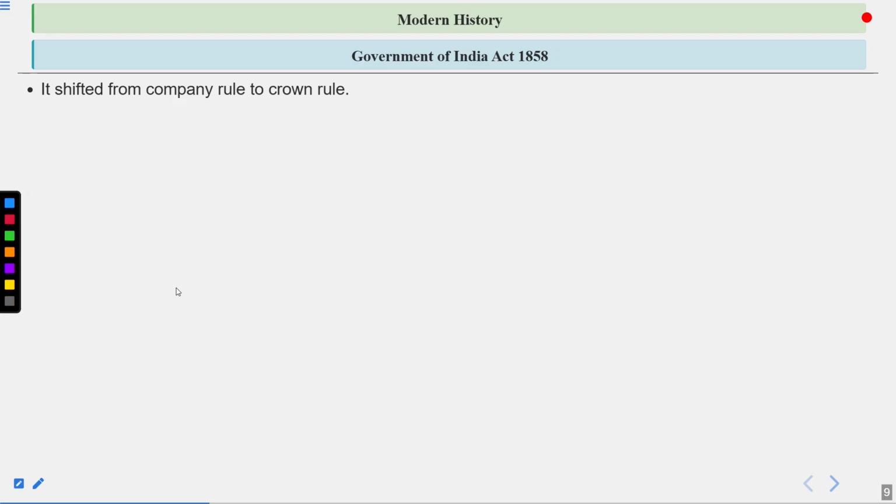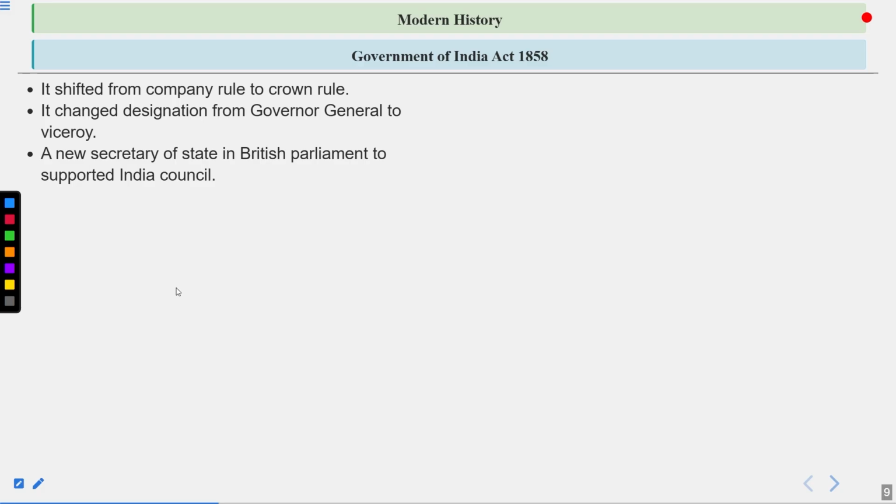And the Governor General of India has now become the Viceroy of India on behalf of the British Raj. It changed designation from Governor General to Viceroy, as I was saying. A new Secretary of State in the British Parliament was created to support the Indian Council. Lord Canning was the first Viceroy, and he was also the one under whose time the revolt of 1857 happened.